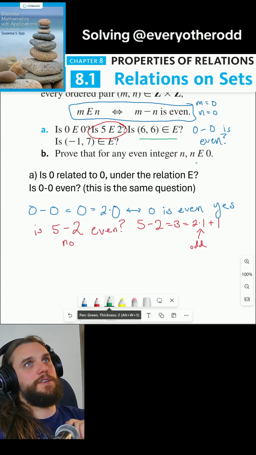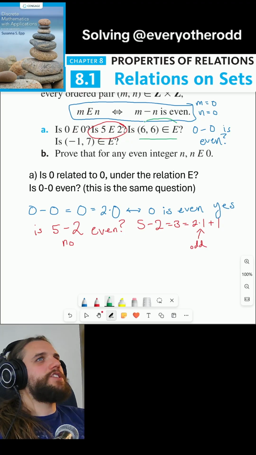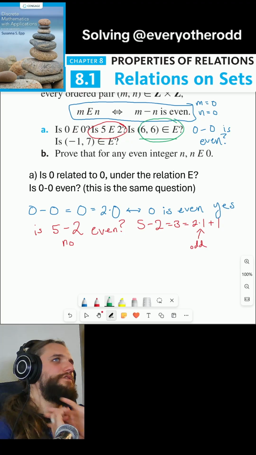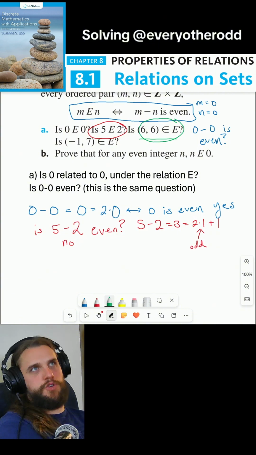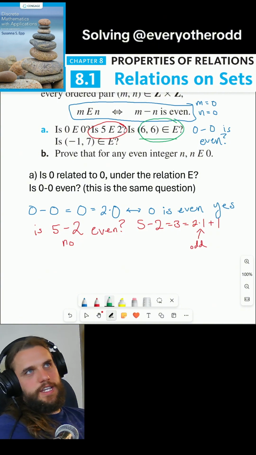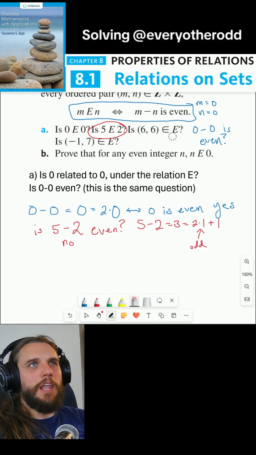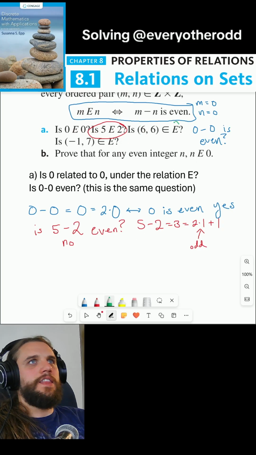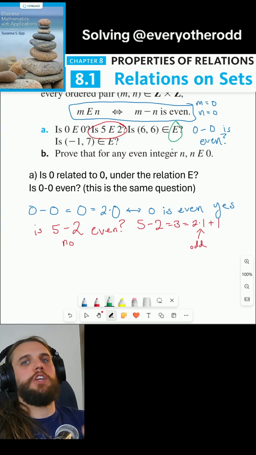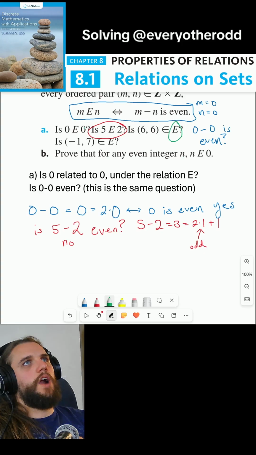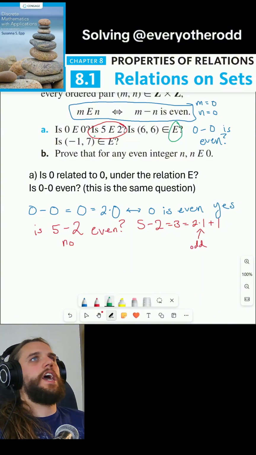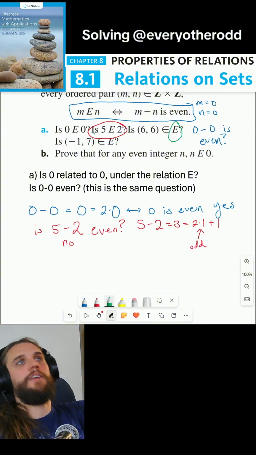The ordered pair 6, 6 is an element of E. Notice how this says something very different than the first two parts of this question. This is an ordered pair, 6, 6, which is an element of a set. In this case, E is being treated as a set, whereas in the other case, 0E0 and 5E2, we say 0 is related to 0 and 5 is related to 2.